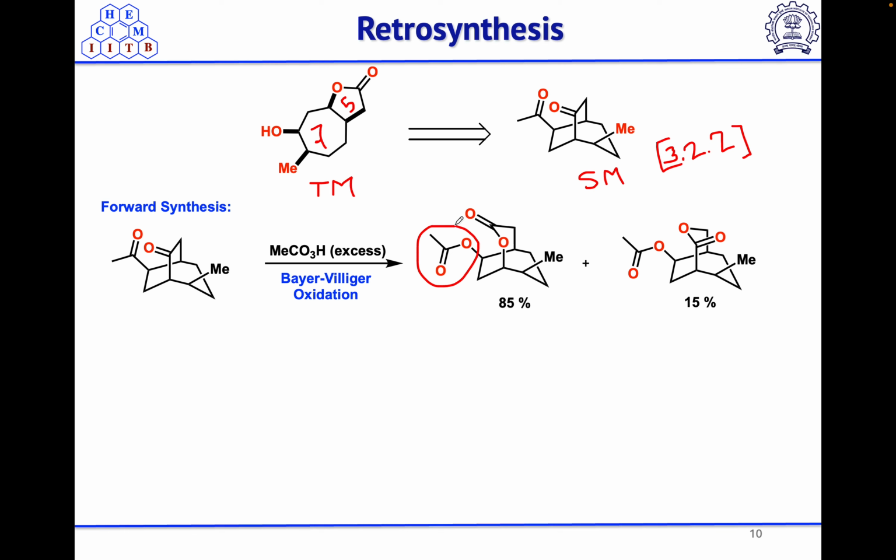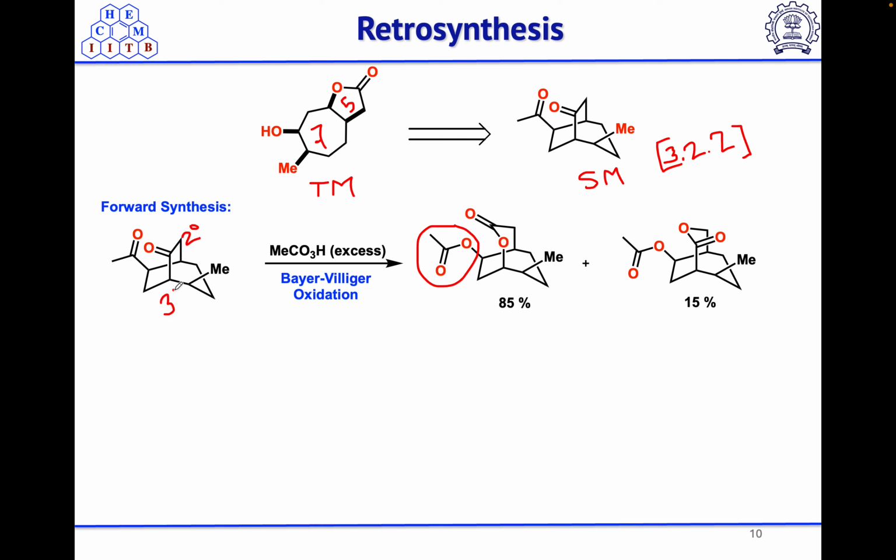Now the difference will come here. In Baeyer-Villiger oxidation, if you see this carbonyl carbon, there are two competing carbons in terms of migratory aptitude. So this CH2 is secondary, and this is the tertiary carbon.